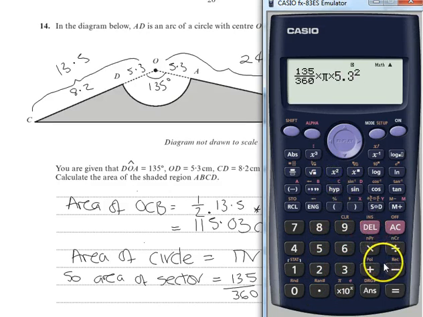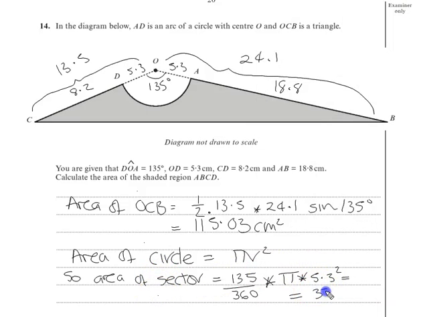The area of the circle is pi r squared, so it's that fraction of the circle. Equals 33.09 to 2dp.